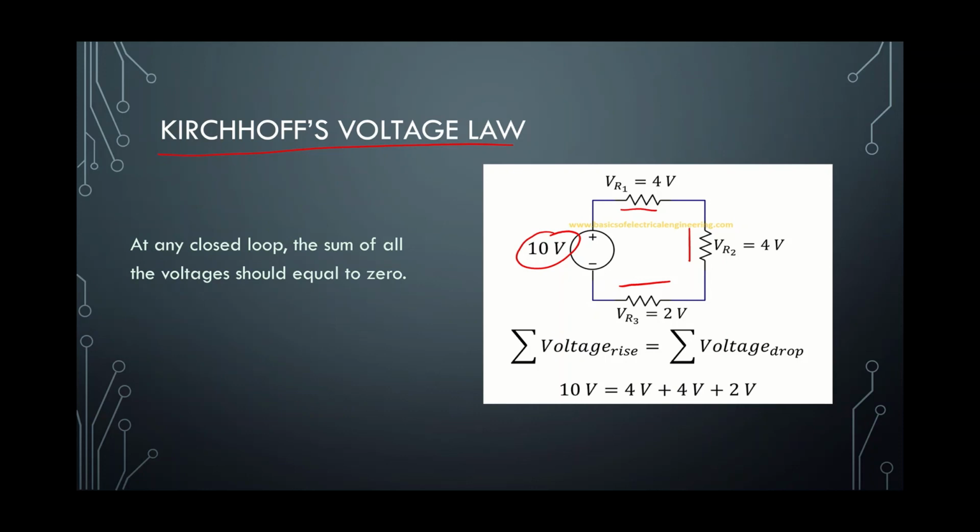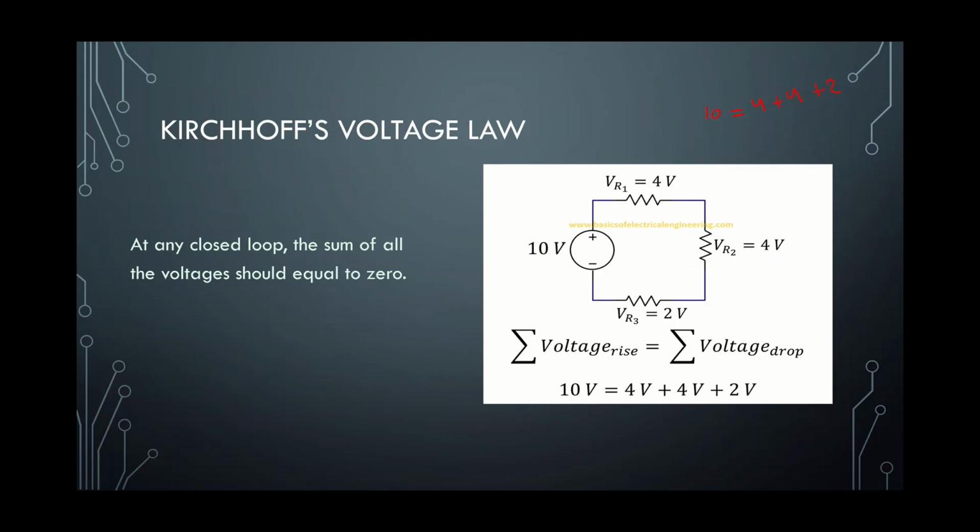So 10 should equal 4 plus 4 plus 2. Now, if this voltage is unknown and I asked you to find it, you know that the source is 10, and the voltages here are 8, so the left is 2.